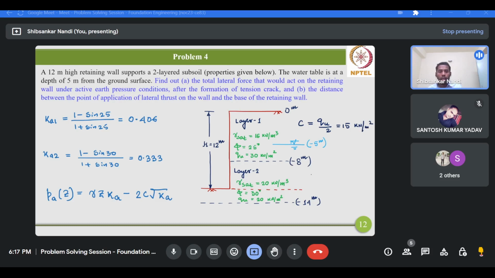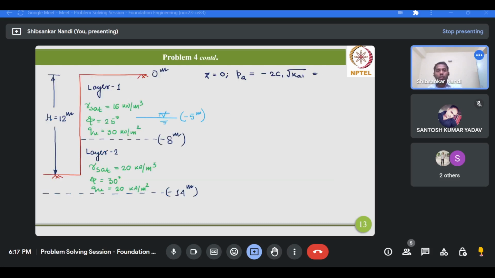And for the second layer, the value is 20 by 2, that is 10 kilonewton per meter square. So please notice that here both the layers are basically cohesive frictional. So that means minus 2 into 15 into root 0.406.